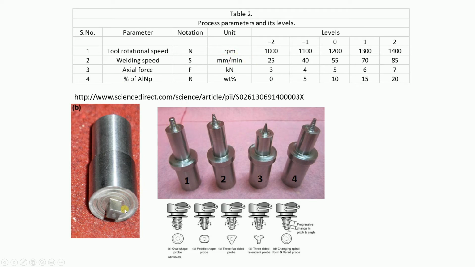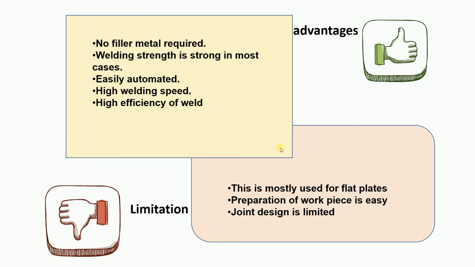You can see some profiles: square profile, threaded, and conical shape, without any thread they make conicals, right? Different types of profiles are available. They took these profiles along with the process parameters. So if you are going to do any final year project, you can try this type of work also. Why do we go for this welding process?